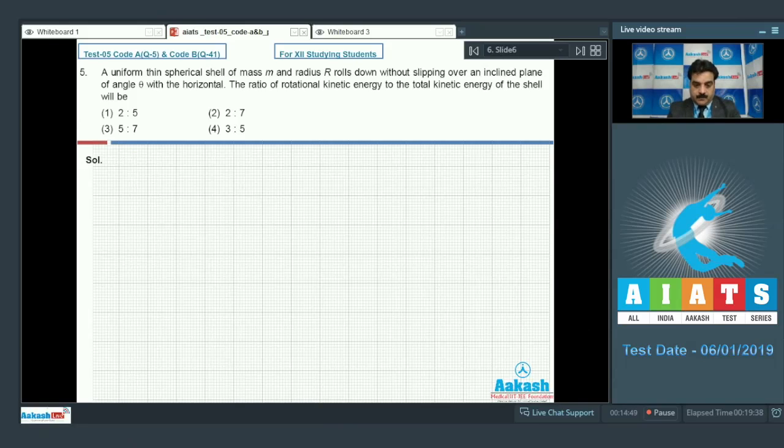If I write the rotational kinetic energy, the formula will be half I omega square. We know the moment of inertia in terms of radius of gyration is m k square, where k is the radius of gyration.